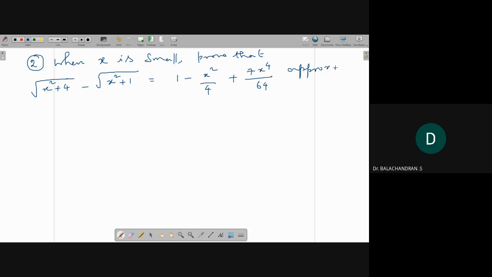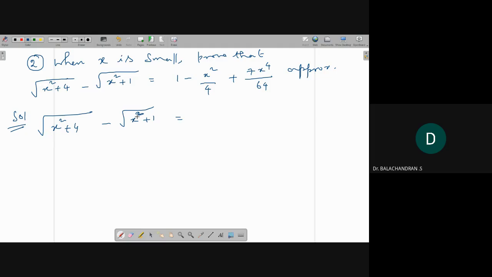Okay, so in this problem it is given x is small. So what is the left hand side? Root of x square plus 4 minus root of x square plus 1. Here I am going to keep x in the numerator. The final answer, the x should be in the numerator. So that's why I take the constant term commonly.